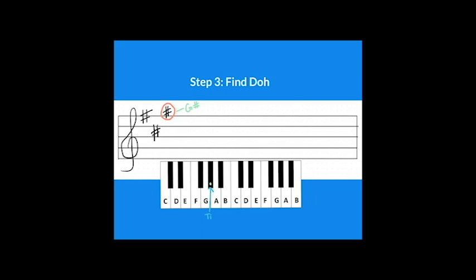So we know where T is, and we know that T to do is a half step. So we just want to find the note that's 1/2 step above T. So we're just going to count up from T 1/2 step, and we land on A. So that means that A is do. And that also means that this key, the one with 3 sharps, is A major.